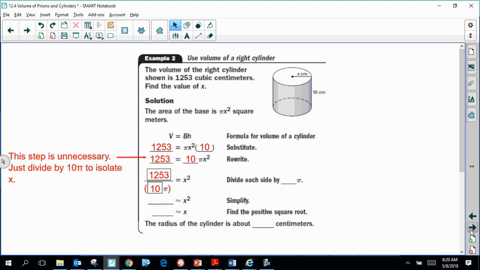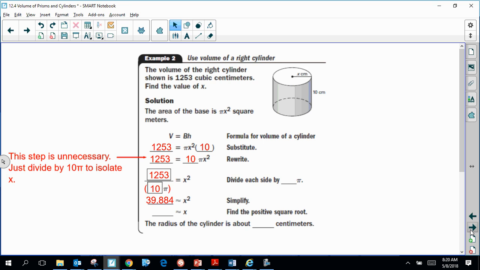Now on your calculator, if you say 1253 divided by 10 pi, make sure you put 10 pi in parentheses. Otherwise, the calculator will interpret your keystrokes as 1253 divided by 10, and then that quotient is multiplied by pi. So put 10 pi in parentheses, and that gives us an approximate value of 39.9.